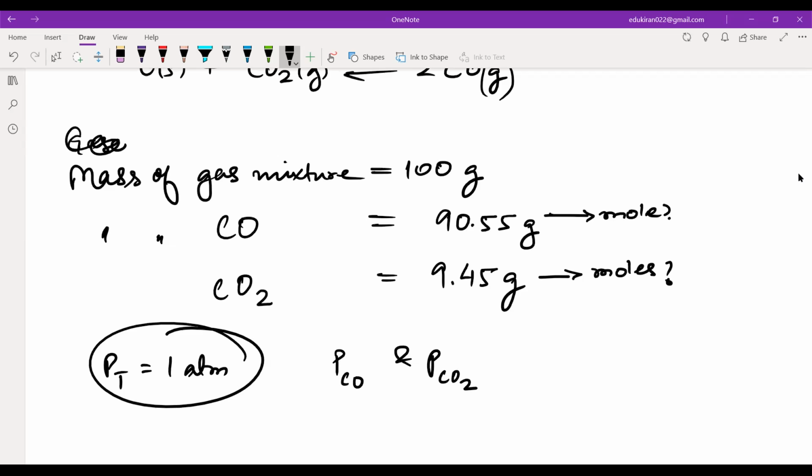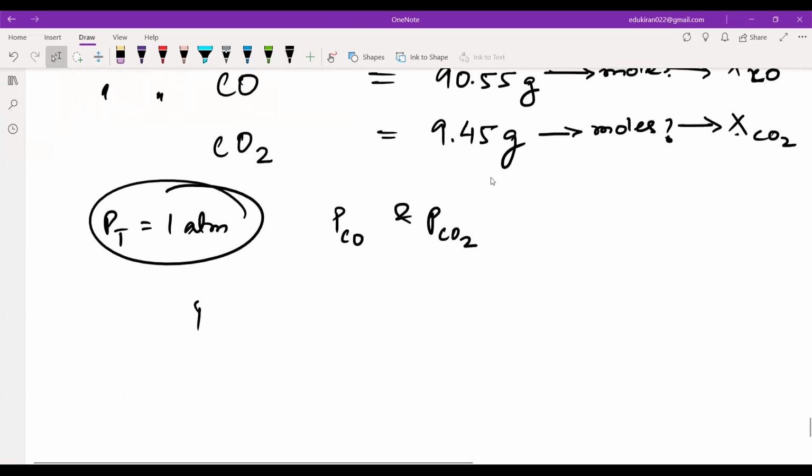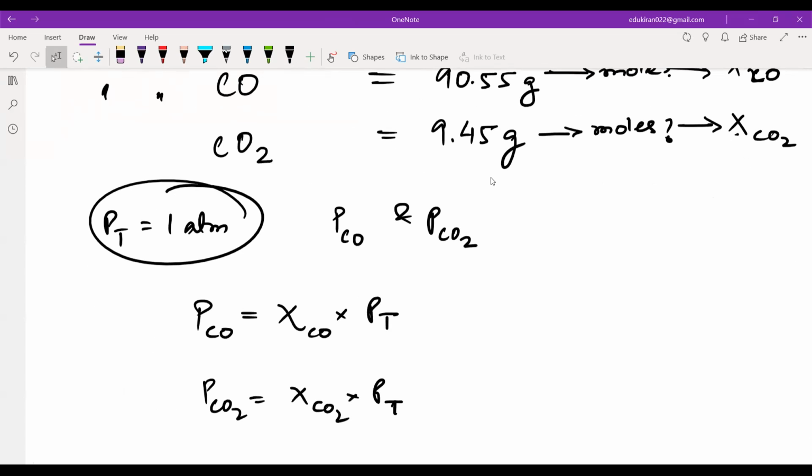From here, what you will do is calculate the mole fraction of both of these, okay? Mole fraction of CO and then mole fraction of CO2. Okay. Now you know the relationship between the mole fraction and the total pressure, na? Partial pressure of CO will be equal to the mole fraction of CO times P total, and similarly the partial pressure of CO2 will be equal to the mole fraction of CO2 into the P total.